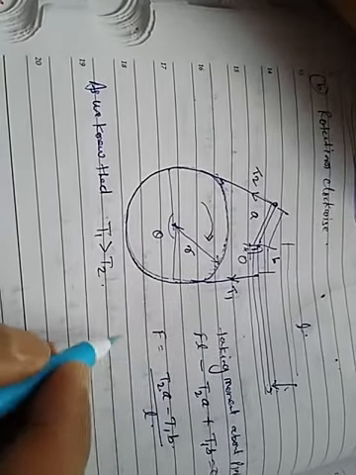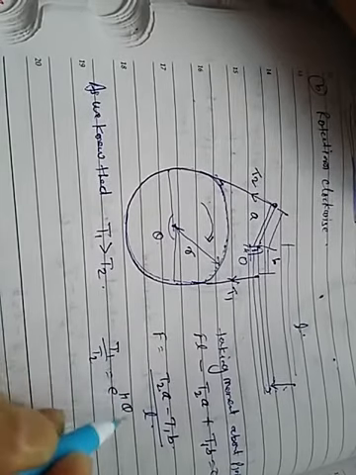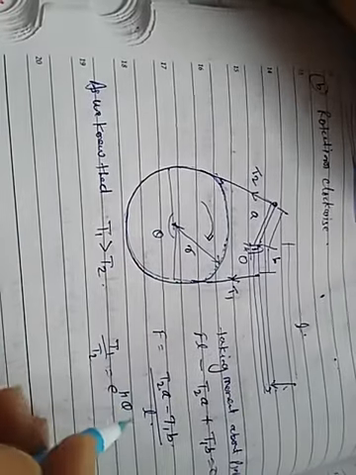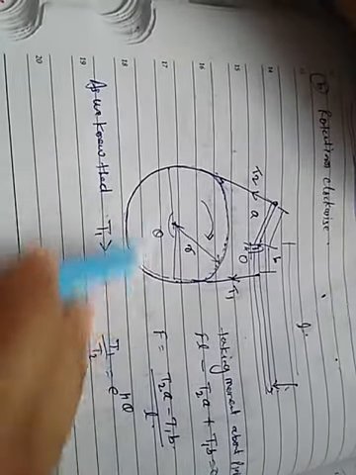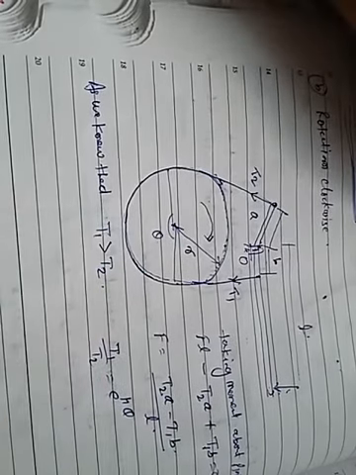Okay, because T1 by T2 equals e to the power mu theta, where mu is the coefficient of friction between the belt and the drum, and theta is the angle of contact between the belt and the drum, which is at the center.